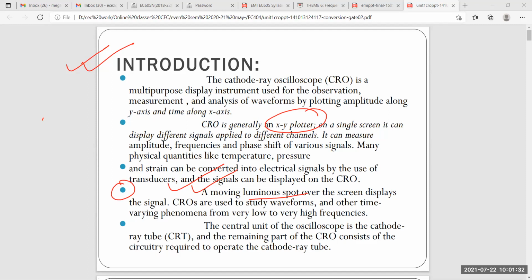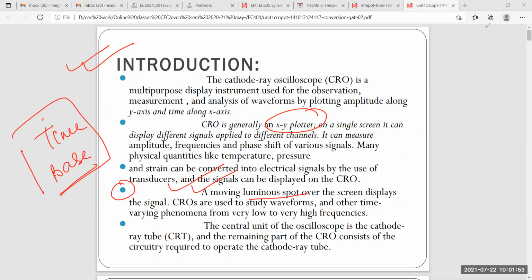Now in CRO we have different parts also. Okay, one more thing, the normal form of a CRO uses a horizontal input voltage, which we sometimes call the time base. It is a word you will find while learning CRO. It is called time base, which we will discuss.